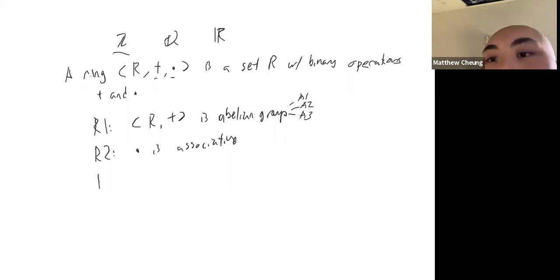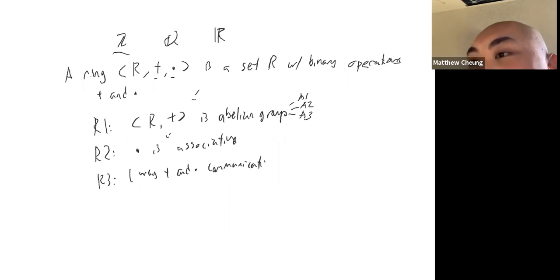And R3. This is for plus and this is for times. Right now we don't really know how plus and times communicate with each other. So think of this as the way plus and multiply interact with each other.